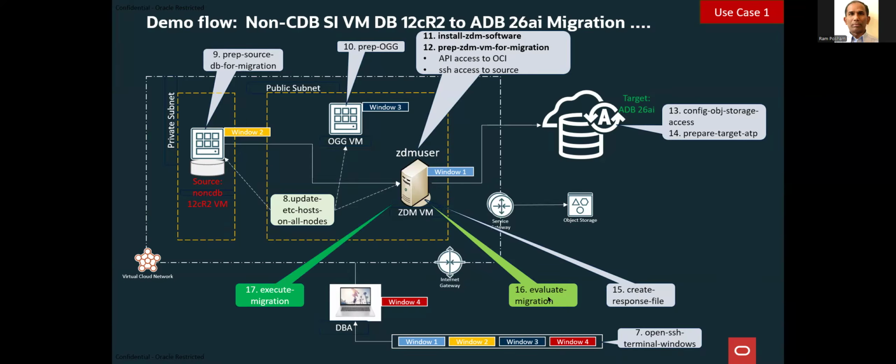Then if you don't get any errors on the 16th step, you do the actual migration. You just run another command, then it will export dump this source database, copy it to the object storage, and then import into the target database, and then configure the Golden Gate, capture all the changes that were made from the export timestamp, and then they will be applied to the target.